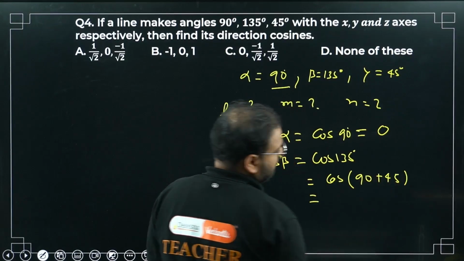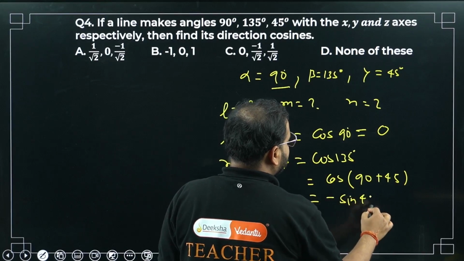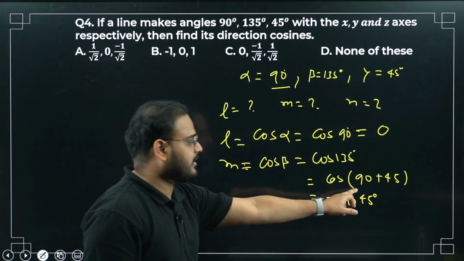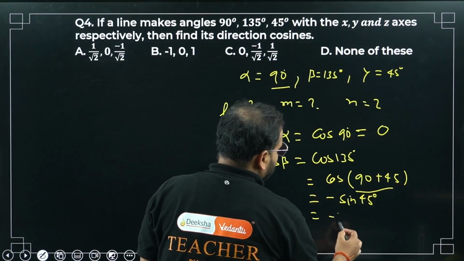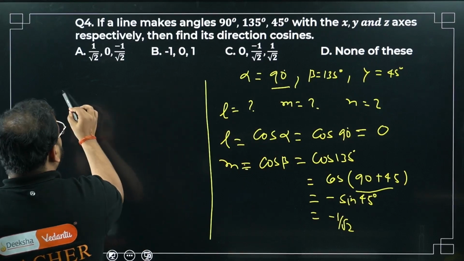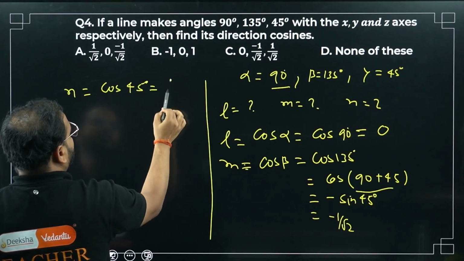This is nothing but minus sine, since the angle is in the second quadrant, so cos is negative, minus sine 45 degrees. Cos of 90 plus theta is minus sine theta, because in the second quadrant cos is negative. So minus 1 by root 2. Last one, the N value: cos of 45 degrees, 1 by root 2.